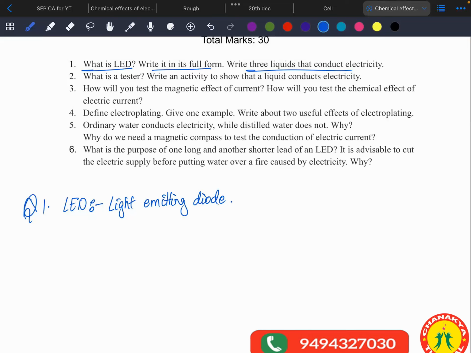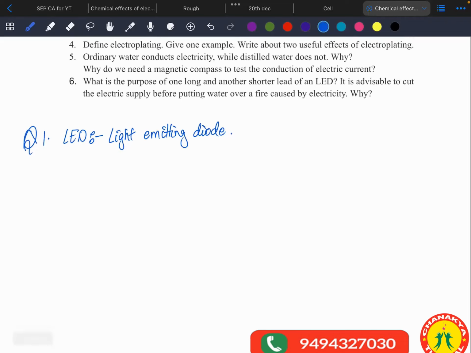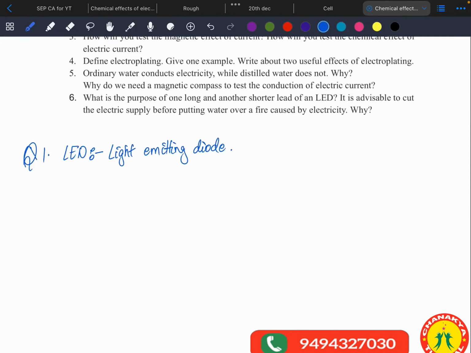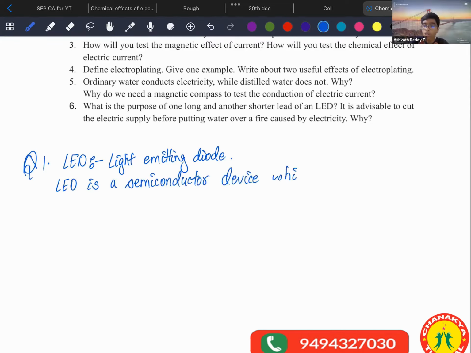Fine. We can write three types. Okay, LED, I have explained to you that it contains a semiconductor. So LED is a semiconductor device which glows when electric current is passed through it.